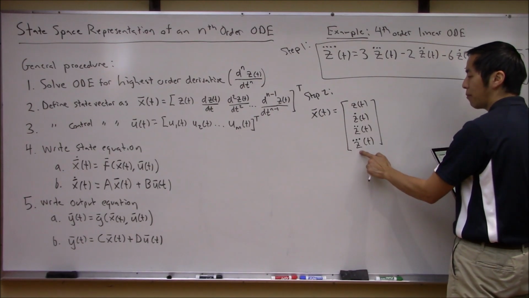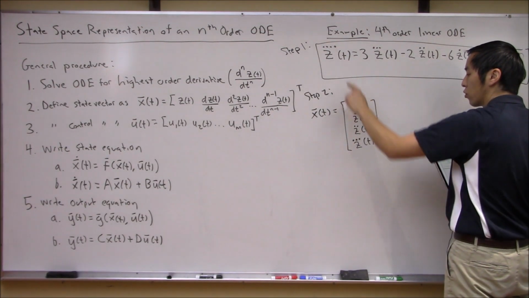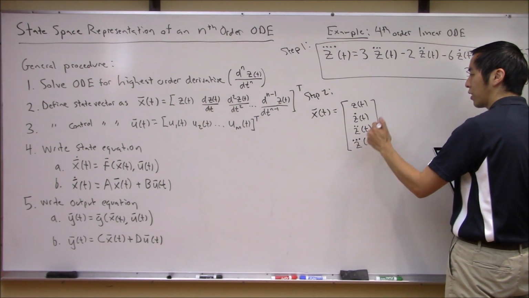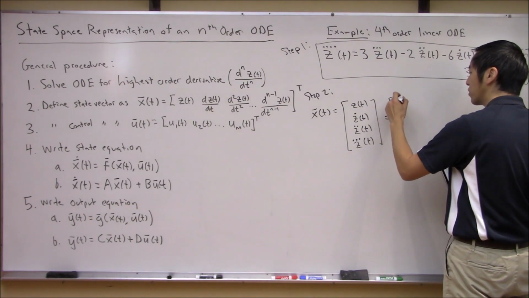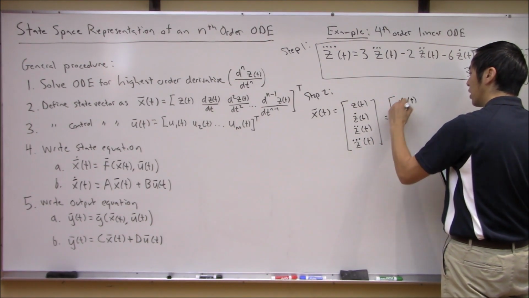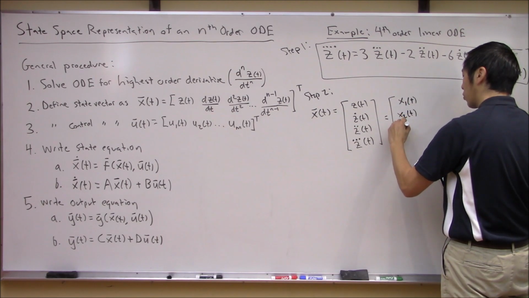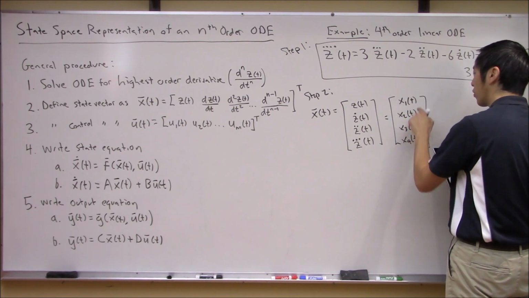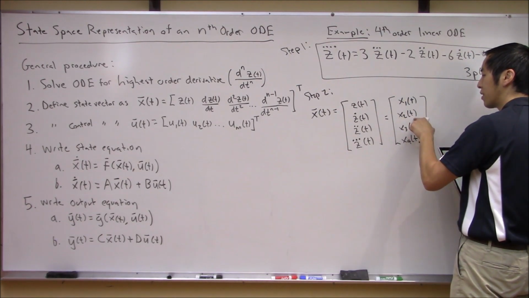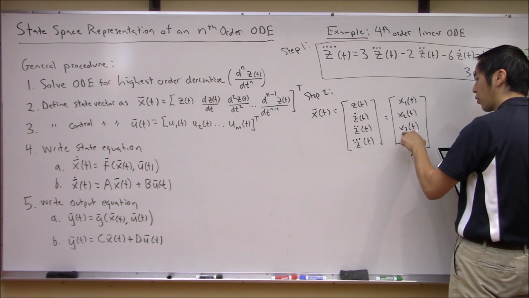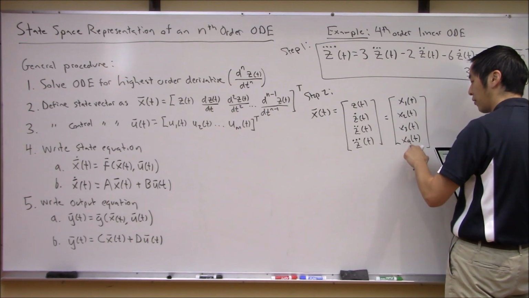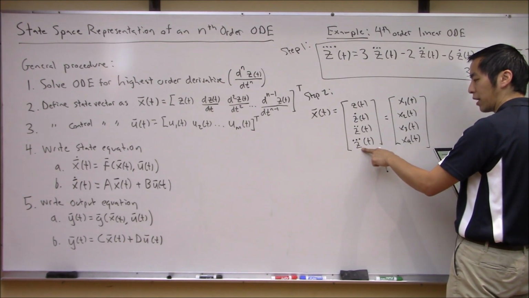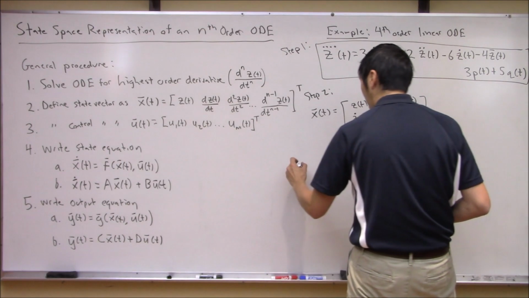In our case, n is equal to 4, so I stop at 3 dots. So here are my 4 states: x1, x2, x3, and x4. The way to think about this is the first state is just the signal, the second state is the signal dot, the third state is the signal double dot, the fourth state is the signal triple dot, right? Okay, so we've got that.